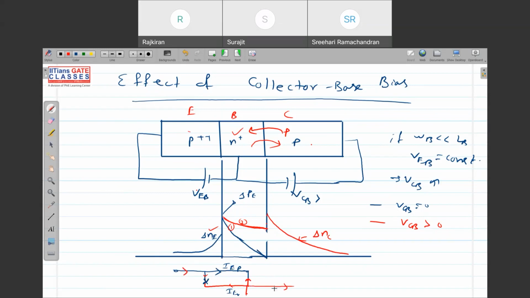Now you see also this base has injected the electrons like this to this junction. This is ICN, which earlier was not there. And also this base, because there is a slope here, has injected holes, and both of them will combine again here.